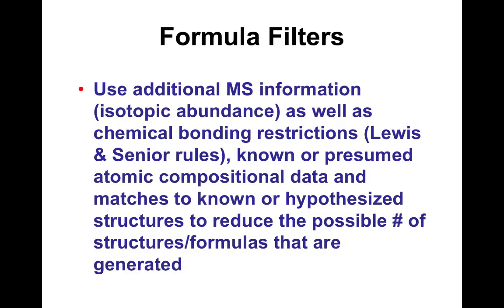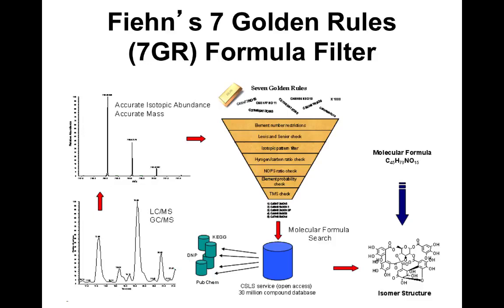Now you can go further, where it's not simply saying it's just got to be carbon, hydrogen, nitrogen. If you make use of other bonding restrictions, the atomic composition, but also the isotopic abundance, you can do even better. This grew out of work from Oliver Fiehn and the so-called 7 golden rules, which have been around for a while. These allow you to use information in the spectrum, as well as high accuracy masses, as well as information about what's allowed in chemistry.